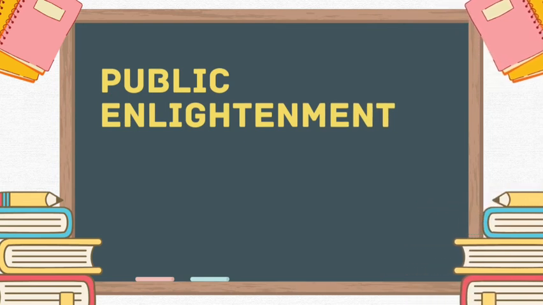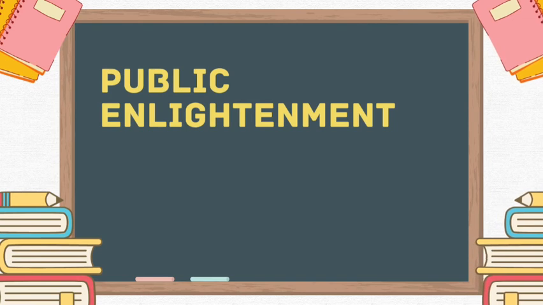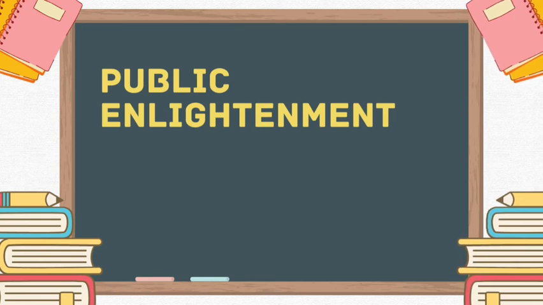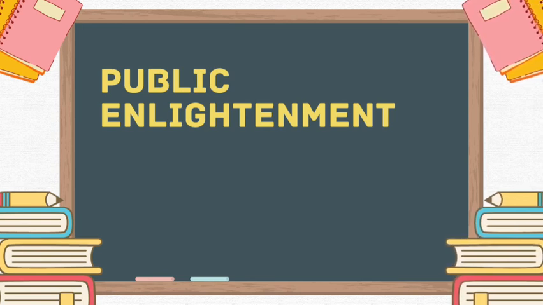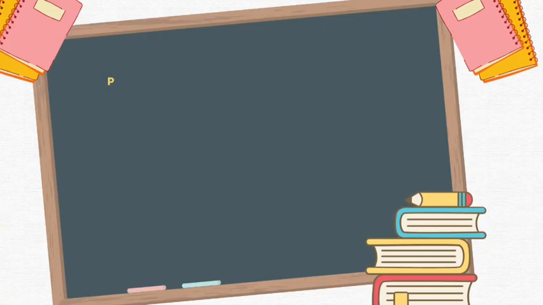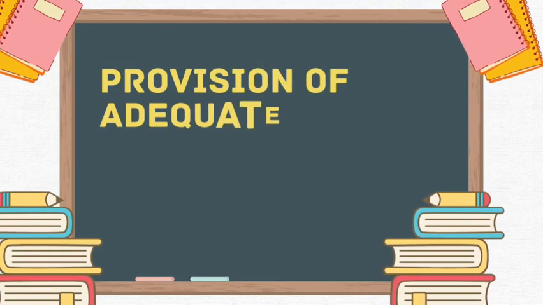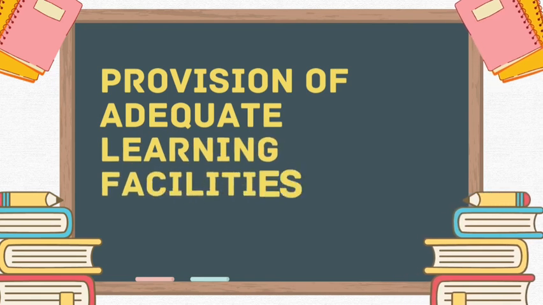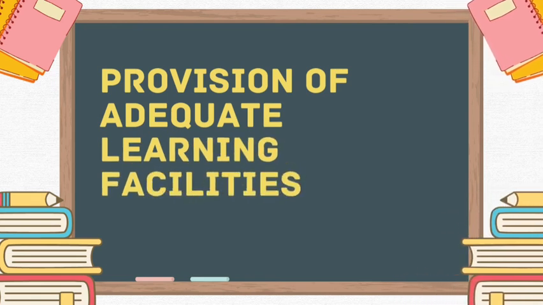Alright, we can also solve the problem of illiteracy through public enlightenment. Now there is need for enlightenment programs to be carried out so that people can be aware of the consequences associated with illiteracy.